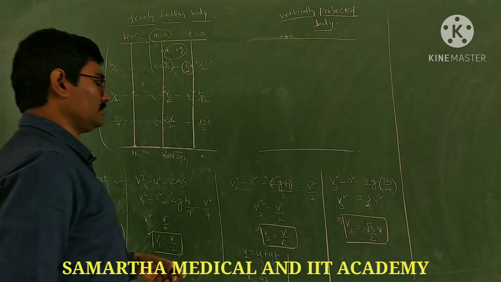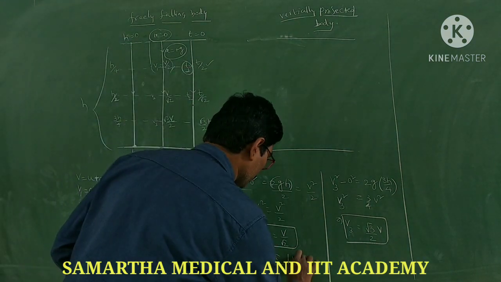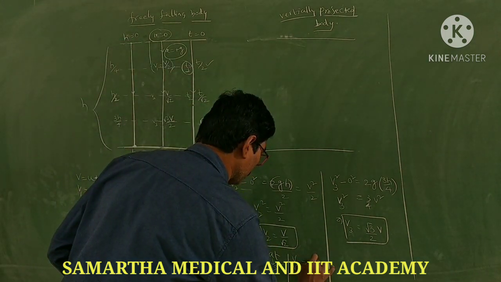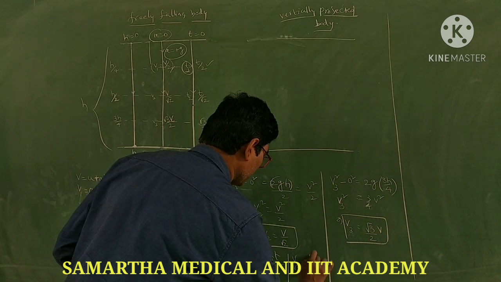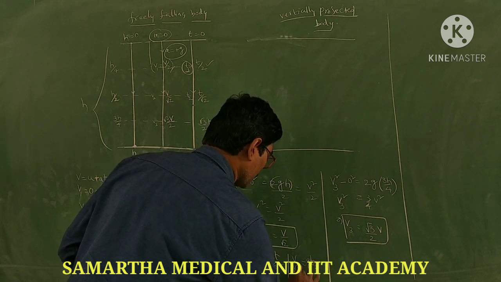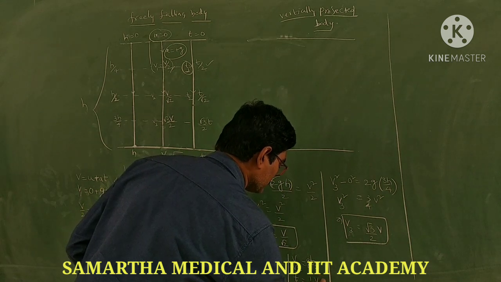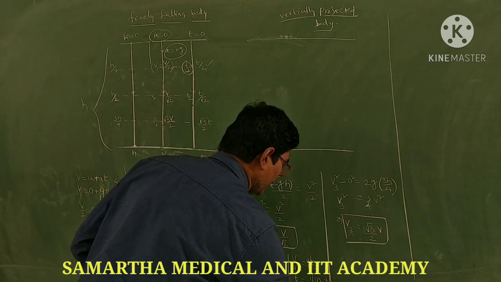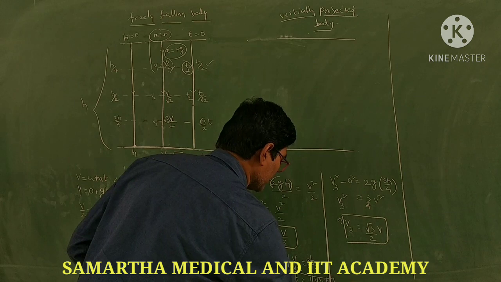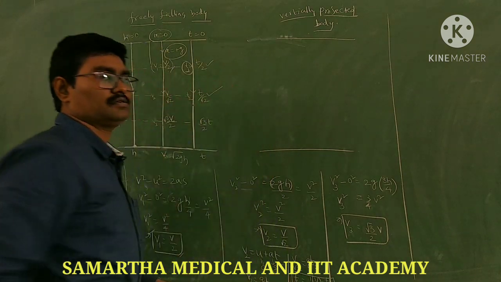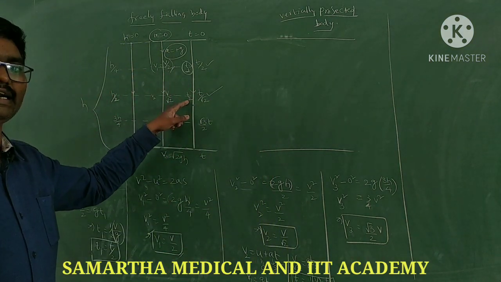What is v2 here? V by root 2. So V by root 2 is equal to g into t2. I need t. So 1 by root 2 into V by g. T by root 2. So you will get T by root 2. That is t2. Okay na? T by root 2. Right, next.